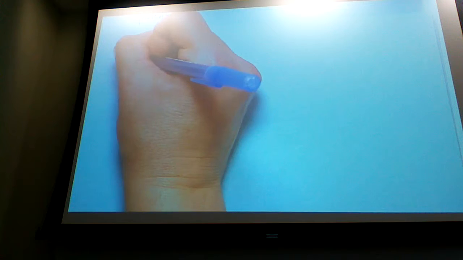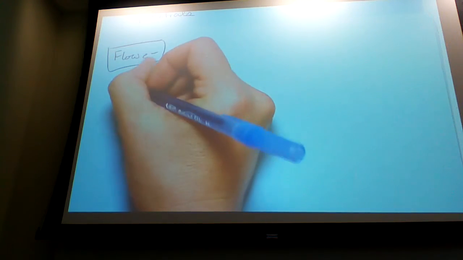So I'm just going to make a little chart. This is full of electrons, starting with NADH.